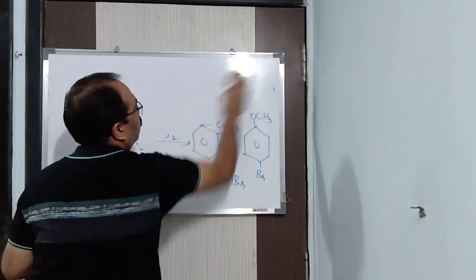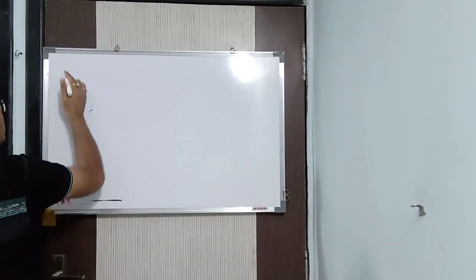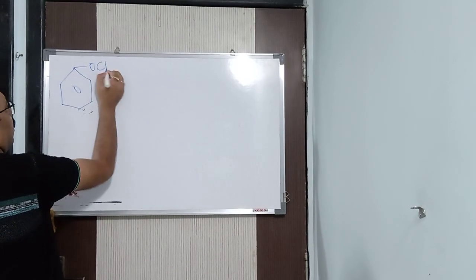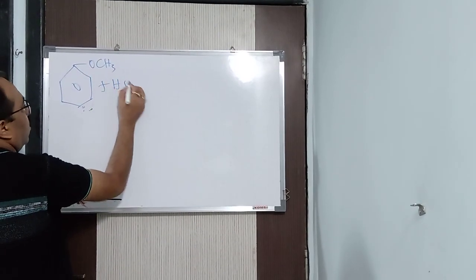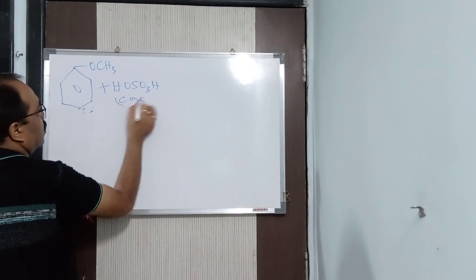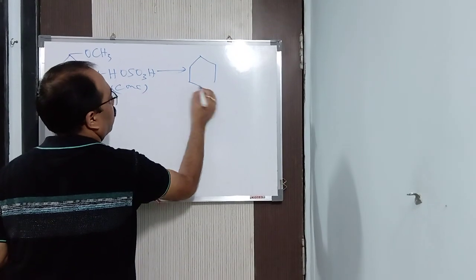Next we'll come to sulfonation. That is methoxybenzene plus HOSO3H, concentrated sulfuric acid. So what I am going to get, same thing, ortho-para.